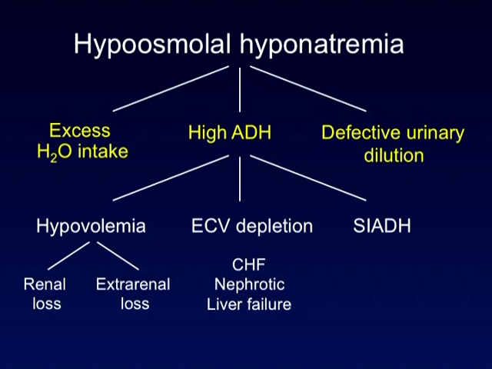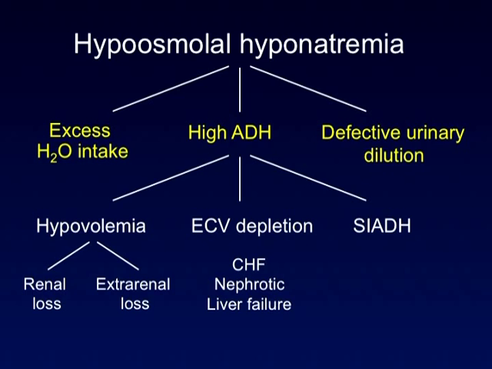Another common question is somebody who has primary polydipsia. Usually it starts off with, this is a 22-year-old person who has a psychiatric history, who comes into the hospital with hyponatremia, plasma osmolality is X, and then they'll give you a urine osmolality.